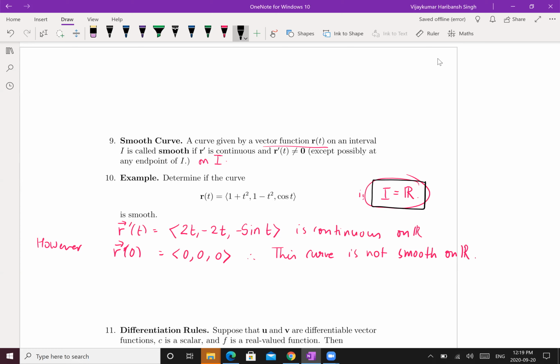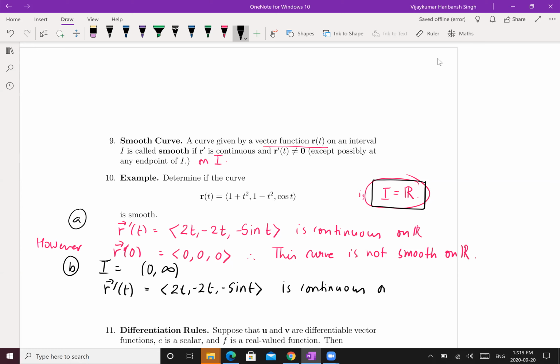So let's ask the same question if we have I equals, say, you just remove 0, so 0 to infinity. Let's see if it is smooth there. First of all, again, r prime of t is (2t, -2t, -sine t), which is continuous on 0 to infinity.